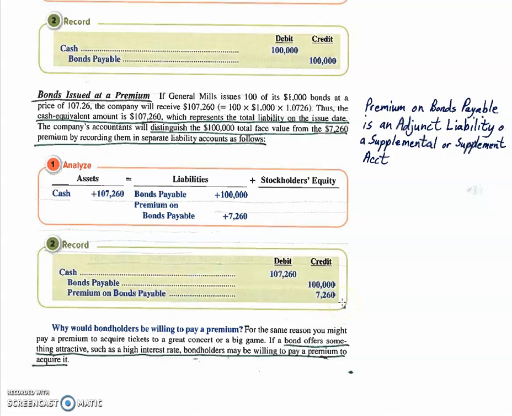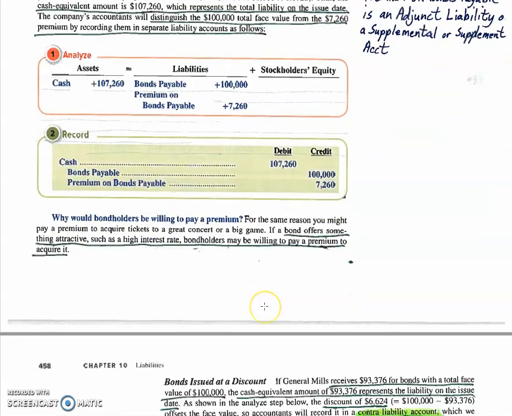Because at the end of 20 years, if these are 20-year bonds, these people aren't going to get paid $107,260. They're going to get paid $100,000. So through those interest payments, we are refunding them this premium that they paid in, this amount that's greater than the face amount of the bonds.